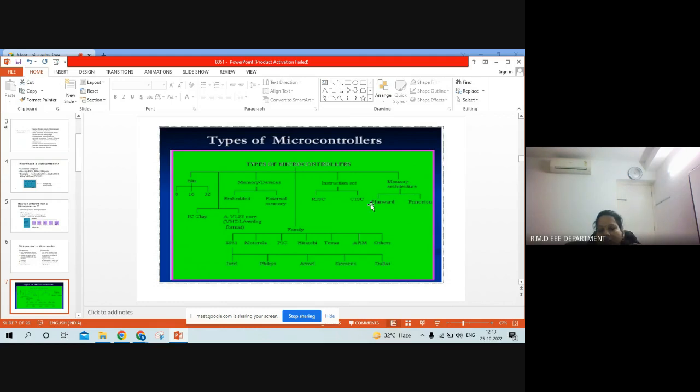Based on the architecture, it is Harvard and Princeton. Based on the chip, it is an IC chip or VLSI. Here we have families of microcontrollers like 8051, Motorola, PIC, Hitachi, Texas, ARM, and others. The 8051 itself has various manufacturers like Intel, Philips, Atmel, Siemens, Dallas, etc.